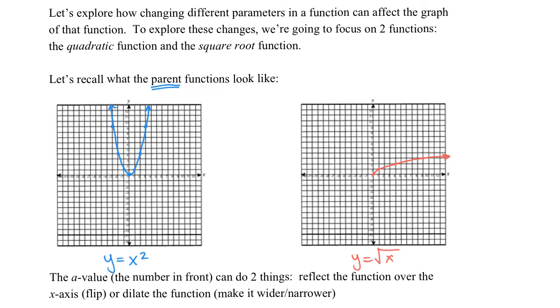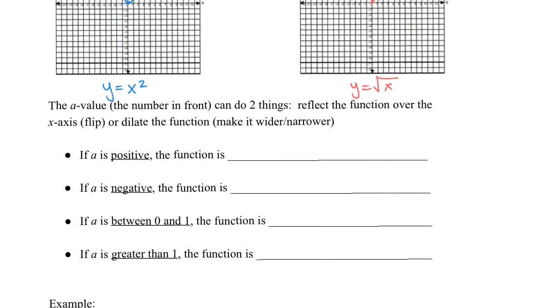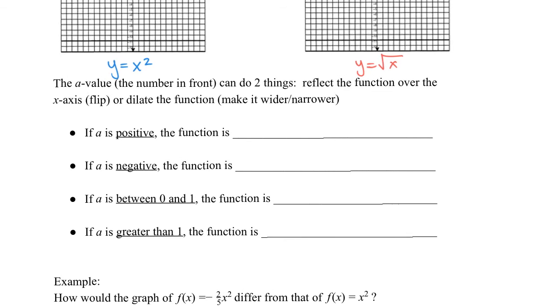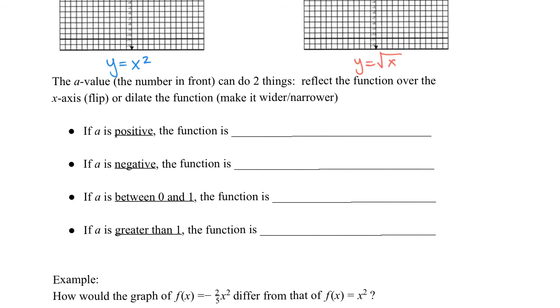All right, so what we want to do is examine how we can transform these functions. For this particular learning task, we're only going to look at the a value. Remember that the a value is in front of the x squared, or in the case of the square root function, in front of the square root sign.